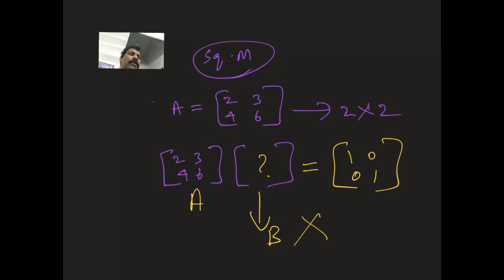Therefore, here A is not inversible. So remember that every matrix cannot have inverse. A rectangular matrix cannot have inverse. Inverse can be had only with the square matrix, and it doesn't mean that every square matrix shall have inverse also.